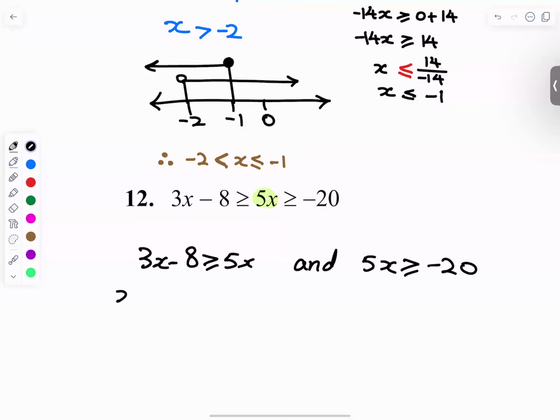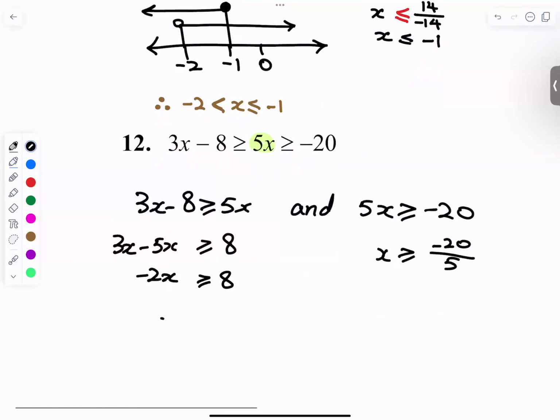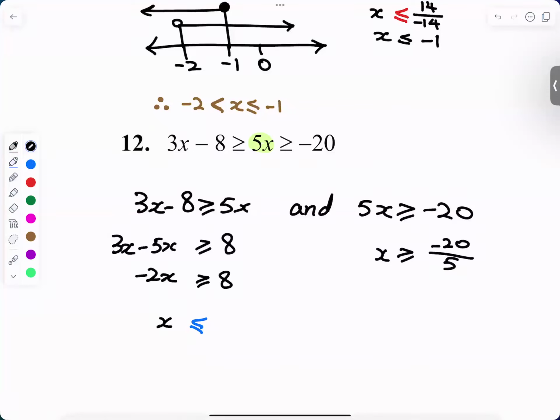Unknowns all on the left side, numbers on the right side. It's 3 minus 5. And then when -2 goes to the other side, we change the sign because it's a negative number.